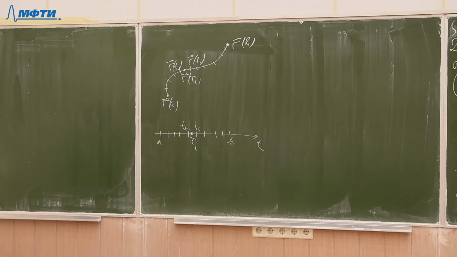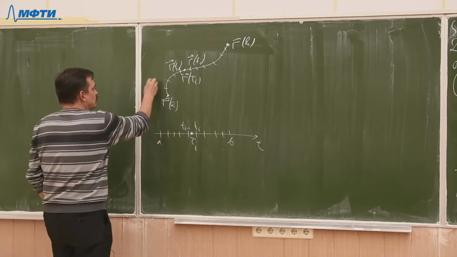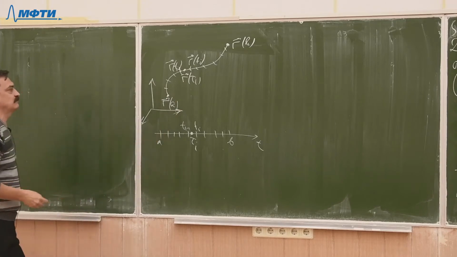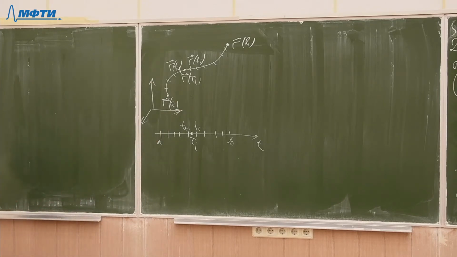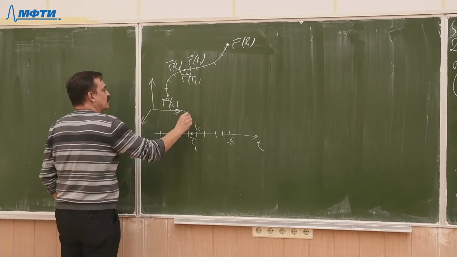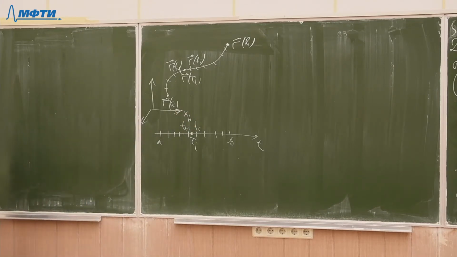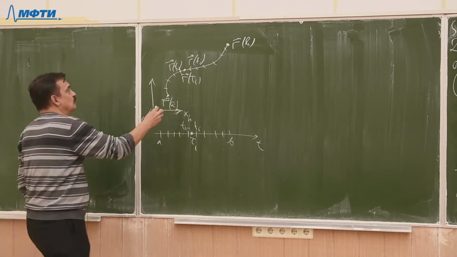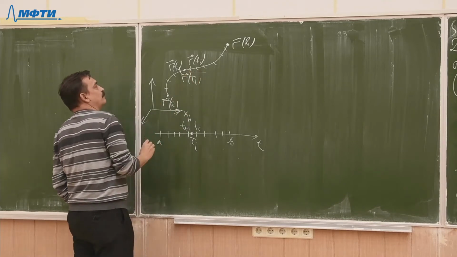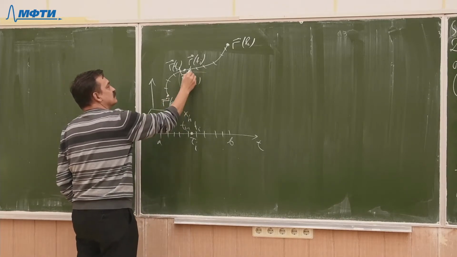Now, what we do, we look at the system of coordinates in our space, and if that is x_h, the h-th coordinate is here, then what we do? We look at the projection. That is this interval.